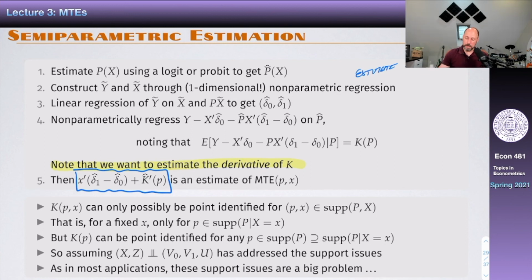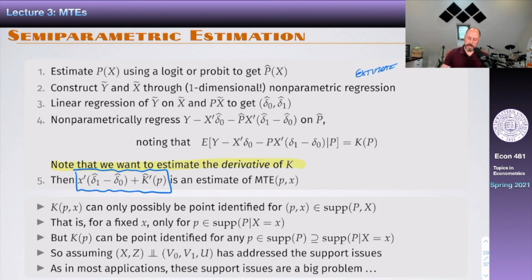Okay. So comments. This k can only possibly point identify for p comma x in the support of (p, x). Okay. So again, think about the general version of k, not this one. Okay, the one that depends on both. For a fixed x, you need p to belong to the support of the propensity score conditional on x. This is something that Raul mentioned at some point earlier. Okay.